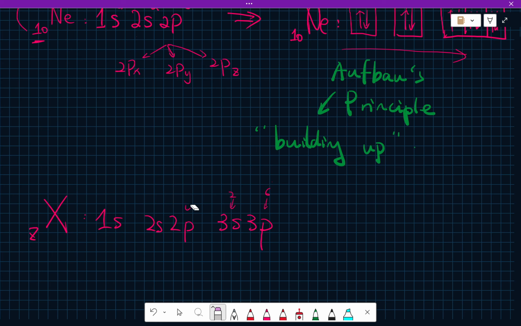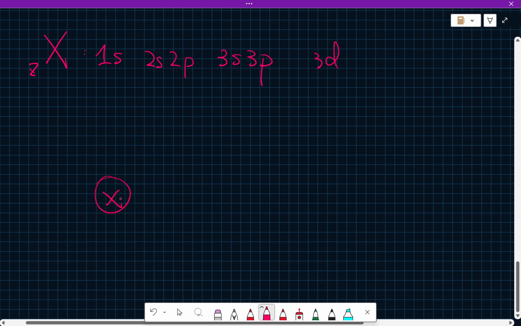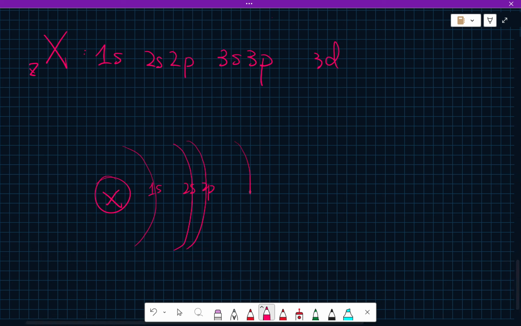Next, since we are in this third energy level, we should have 3d next. But instead, we have a counterintuitive anomaly here. If we look at this, we would have the nucleus here, our 1s orbital here, 2s, 2p here, 3s, 3p here.